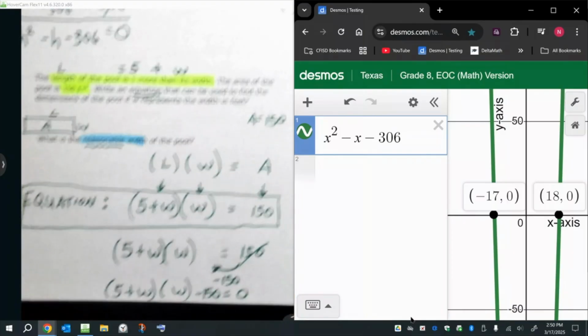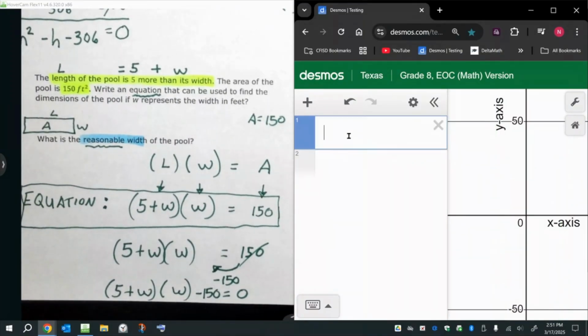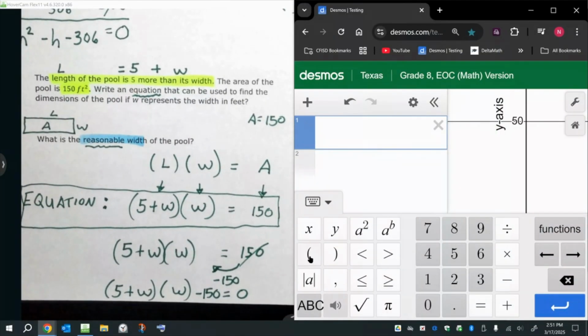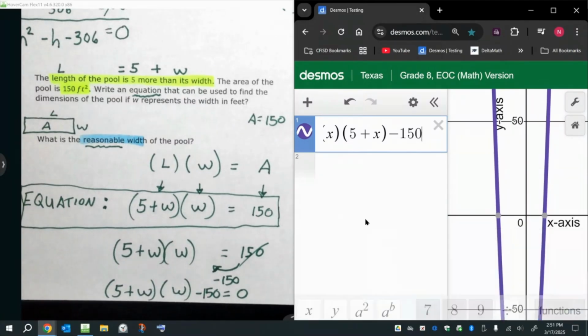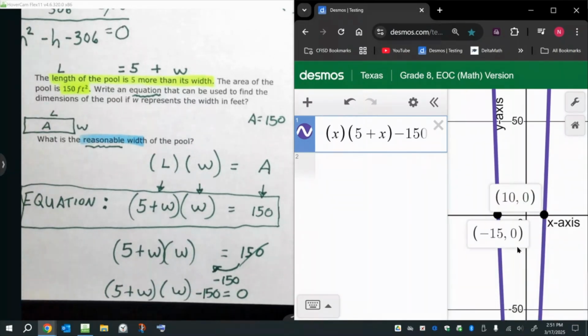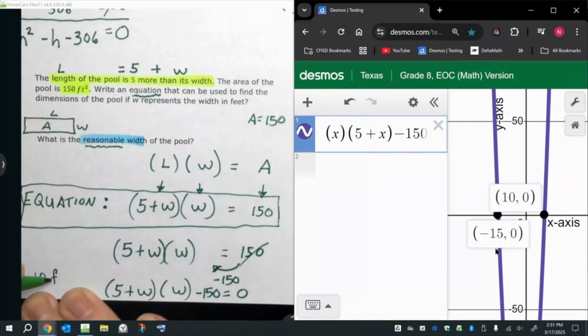And now I can determine, since it all equals 0, what is my x, so x times 5 plus x, and then minus 150. And 10 and negative 15. Well, negative 15 doesn't make a lot of sense, so my best answer is 10. 10 feet.